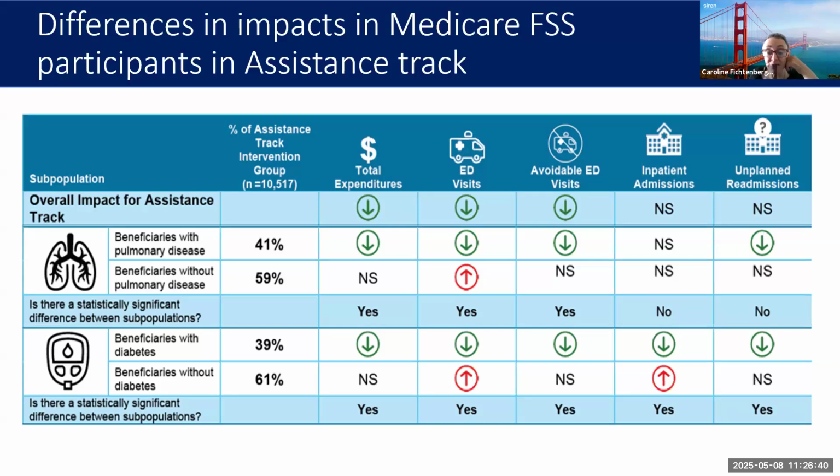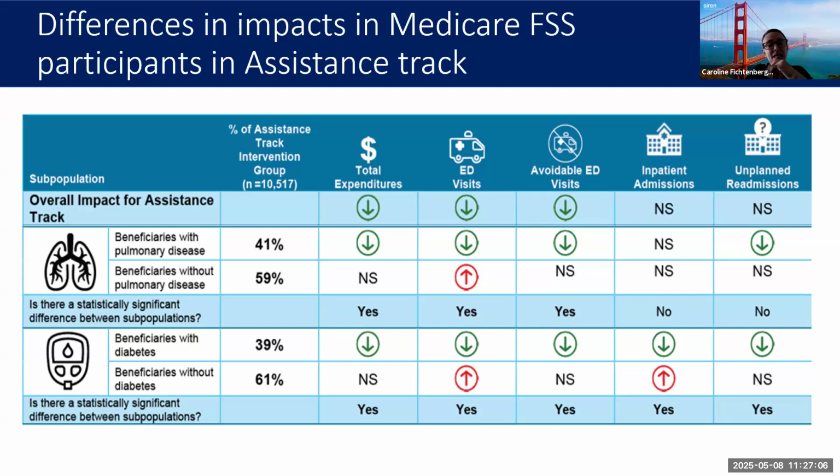And then individuals with diabetes also saw a bigger impact than individuals without diabetes. Or actually, individuals without diabetes either saw increases in utilization or no impacts of the intervention, versus decreases in cost and decreases in utilization for beneficiaries with diabetes.